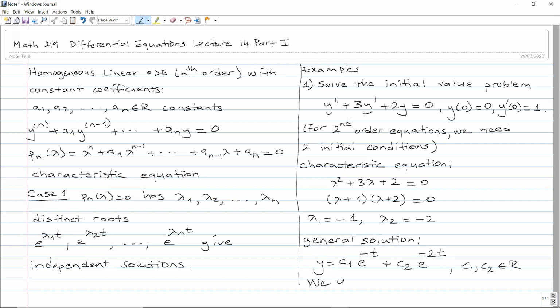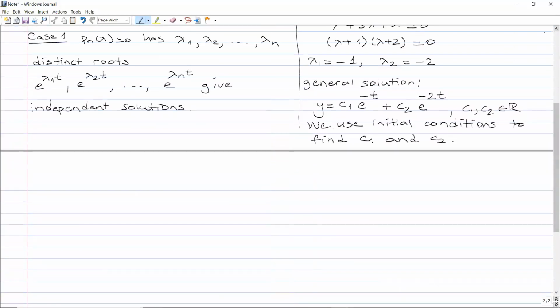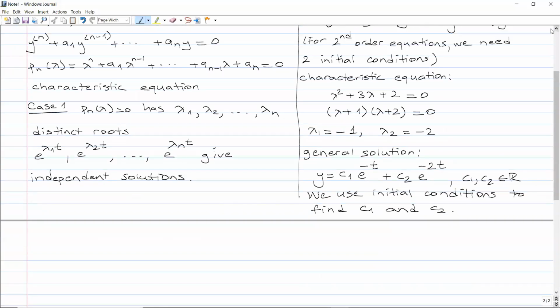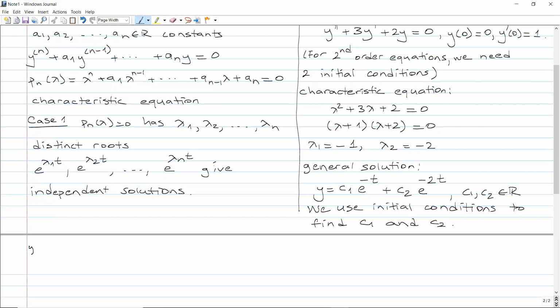Now we use initial conditions to find C1 and C2. Okay, let me rewrite the initial conditions here. y(0) equals 0 and y prime(0) equals 1.